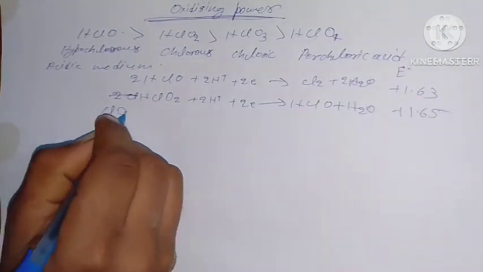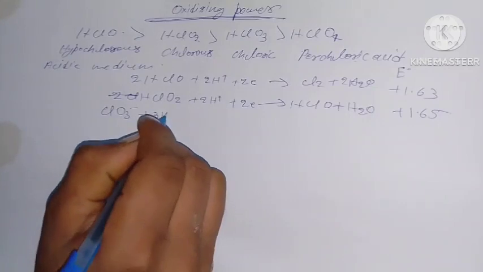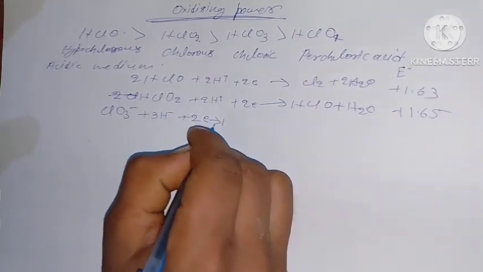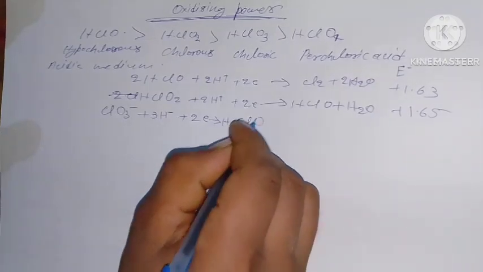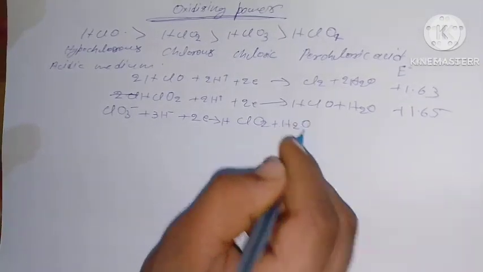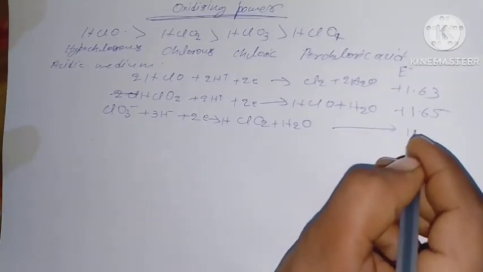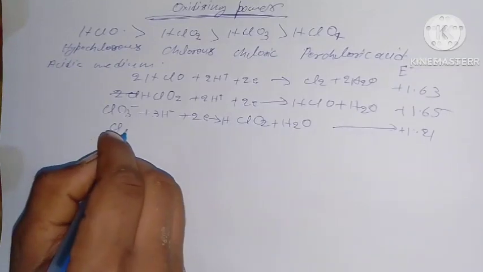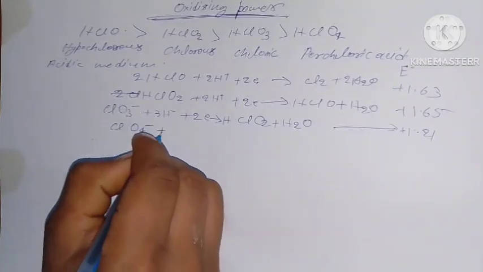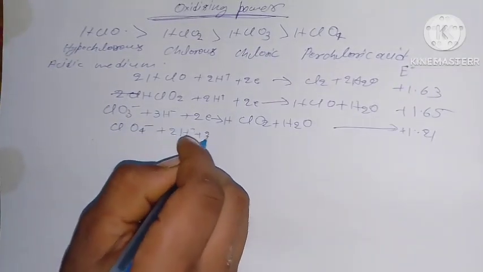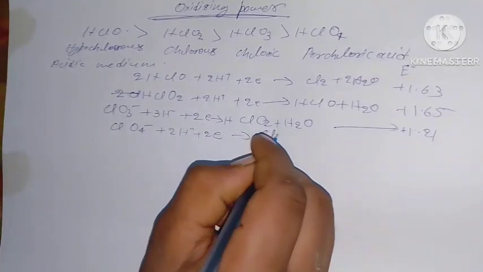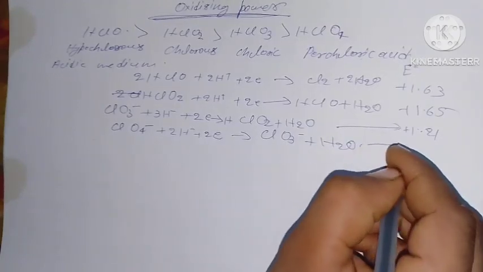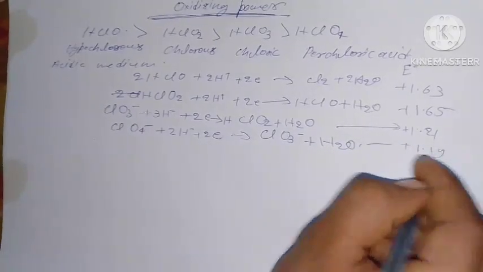And ClO3 negative plus 3H positive plus 2e gives HClO2 plus H2O, that is plus 1.21. And ClO4 negative plus 2H positive plus 2e gives ClO3 negative plus H2O, that is plus 1.19.